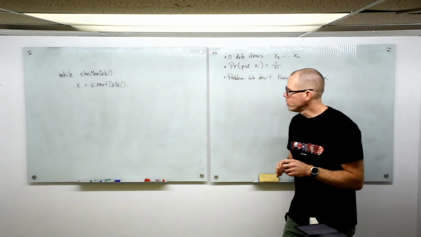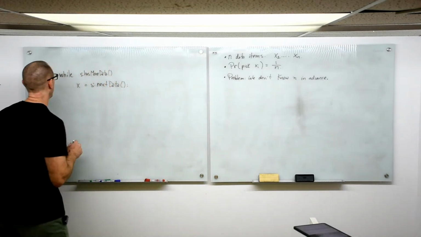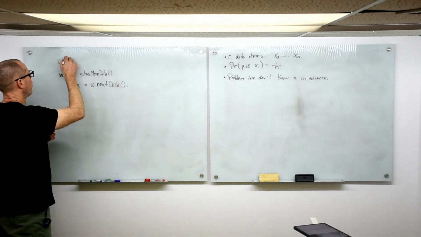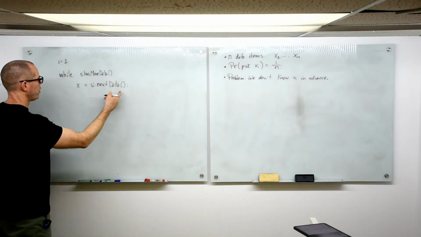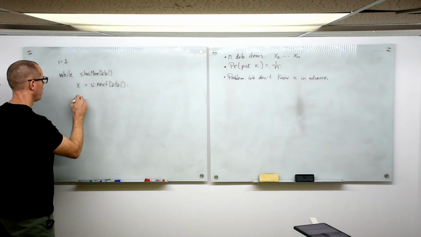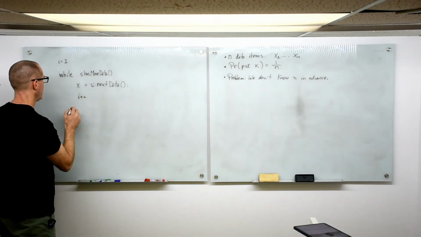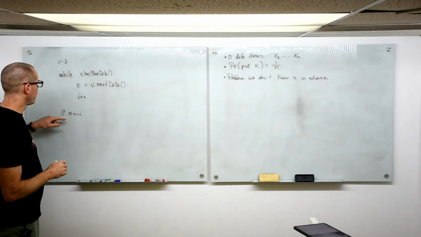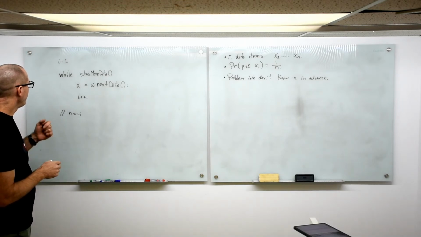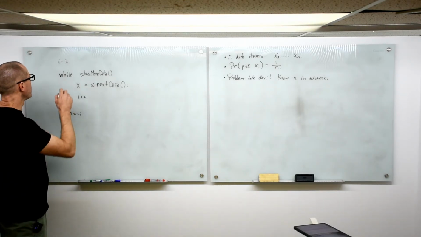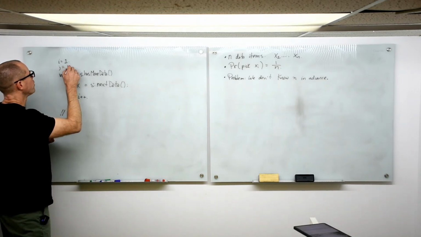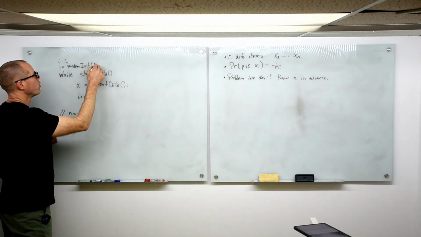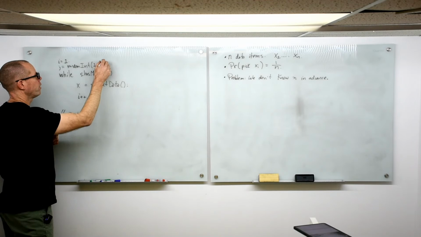If I knew it, then I would just do something like this and say, let's say i is equal to 1. After I've seen this thing, i plus plus. Once this loop is over, at this point n is equal to the value of i. If I knew n in advance, I could do something like j is equal to a random integer in the range 1 up to n.